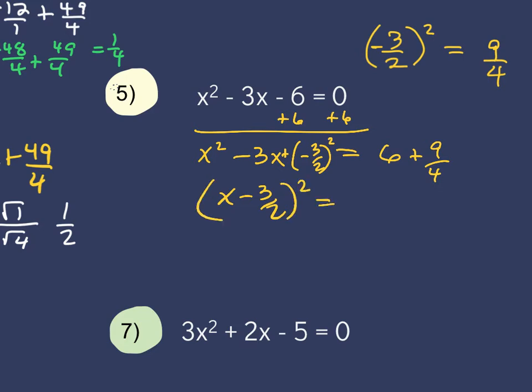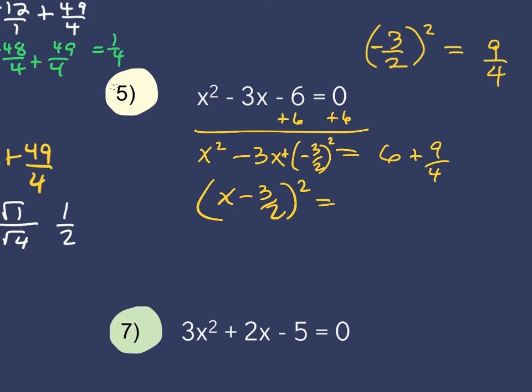Yeah, I just thought that if it was positive on one side of the equal sign, wouldn't it be negative on the other? No. Because if I did -3/2 squared on the left, then wouldn't I have to do 6 minus 9/4? No, because, all right, that's a different technique where if you don't have an equal sign, you just leave a space, and then it would be opposite sign.